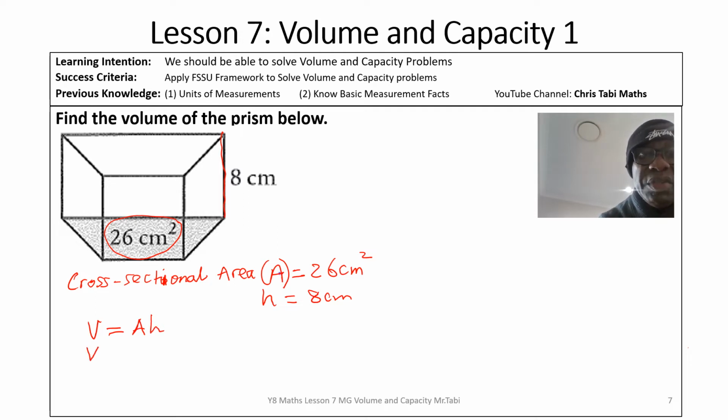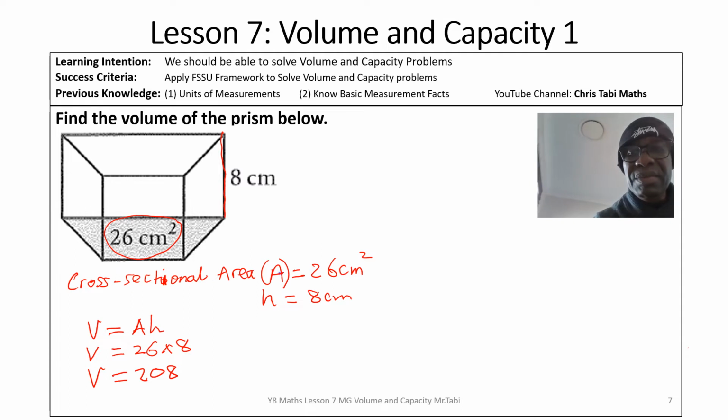Then we'll do the substitution, which will be 26 multiplied by 8. And then we would simplify. Now, if you couldn't do 26 by 8, all that you need to do is to grab your calculator and just perform that operation. But 26 by 8, that just gives us 208.